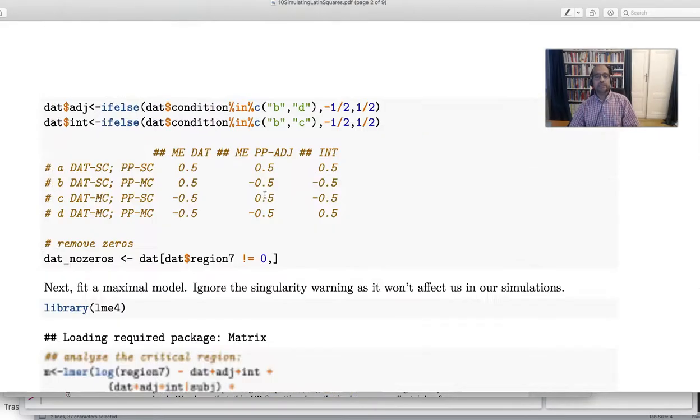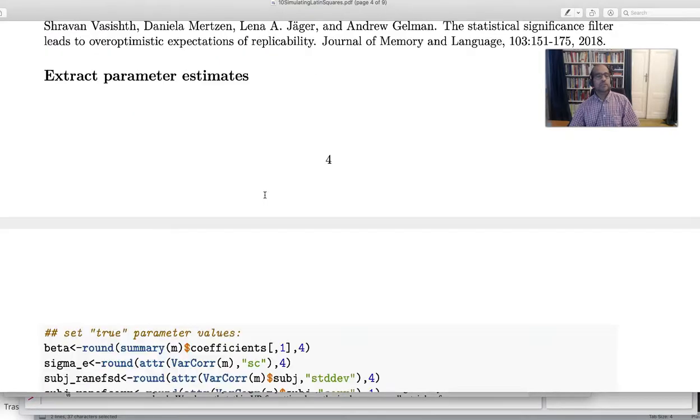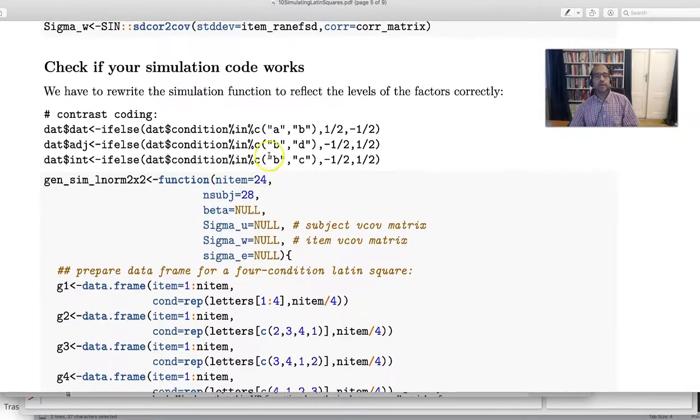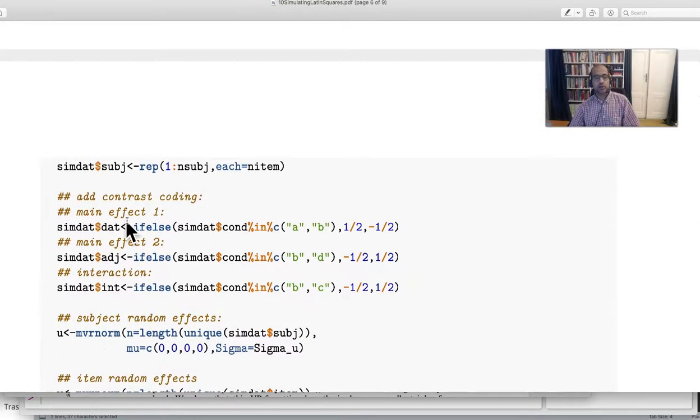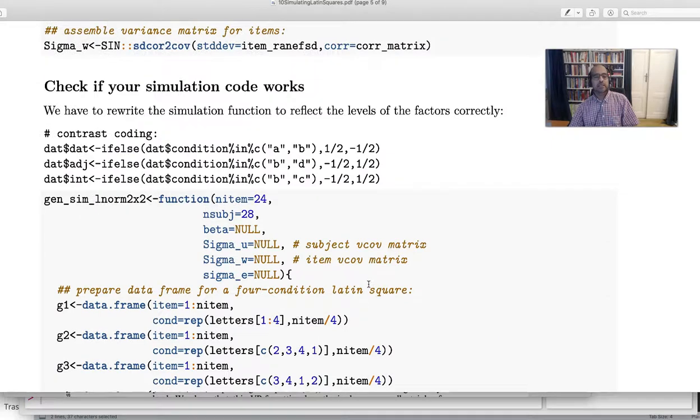But in the Levy and Keller data, it turns out that we have different values. We have B, D, right? So we're going to have to rewrite the simulation code such that we make one small change, and the small change is here. We're going to change the contrast codings. There's going to be AB, BD, and BC, just like Levy and Keller had it.